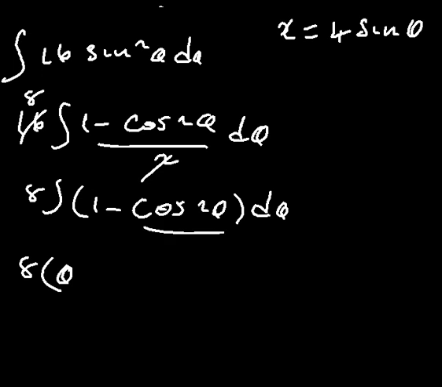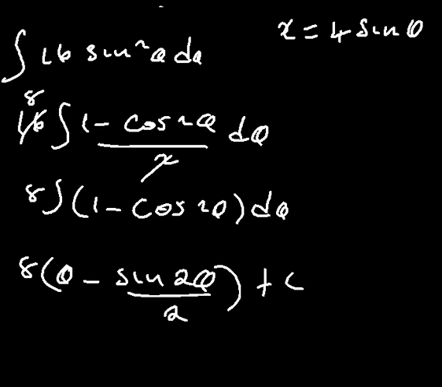And what is the integral of cos 2 theta? For that case, we use what we call the chain rule of integration. That will be given as the integral of the outer function, sin 2 theta, divided by the derivative of the inner function, that is 2, plus c.